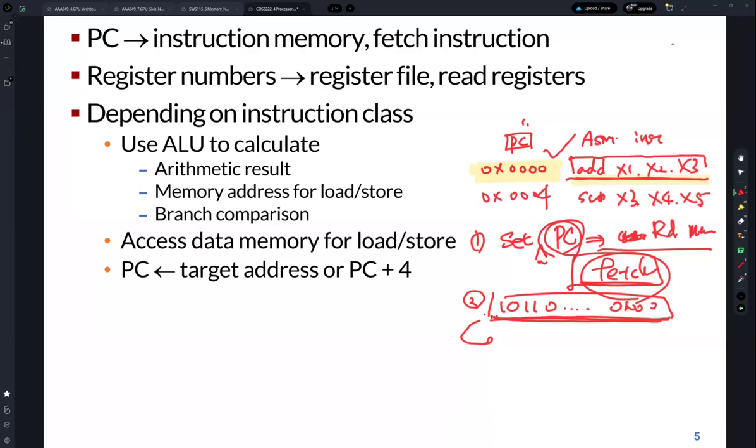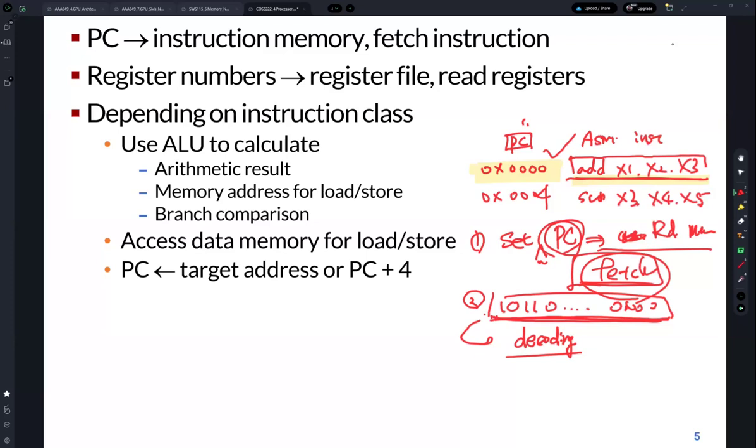This process is called decoding. Encoding means that the assembly instruction is translated into machine code. In decoding, the machine code is analyzed and then we figure out the assembly instruction. This process is called decoding.